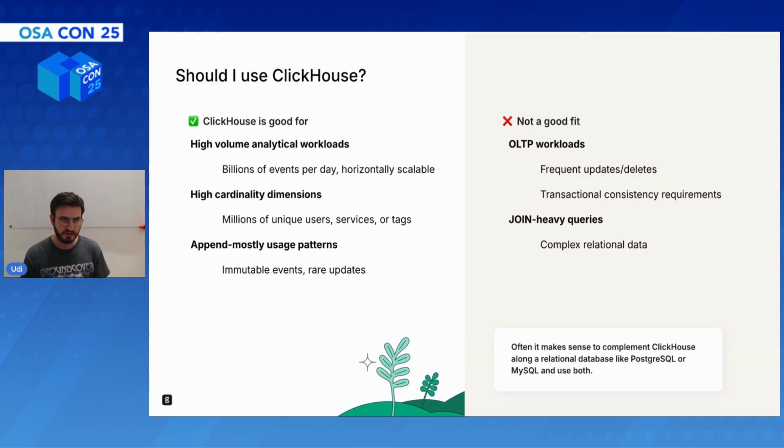It also supports, but doesn't excel at, join-heavy queries, where you need to merge data from different tables or different subqueries at query time. If you need both these sets of capabilities, it really might be a good idea to use another OLTP database like Postgres alongside ClickHouse and use them both, each for what it's good at. Just remember, every database has its own limitations.